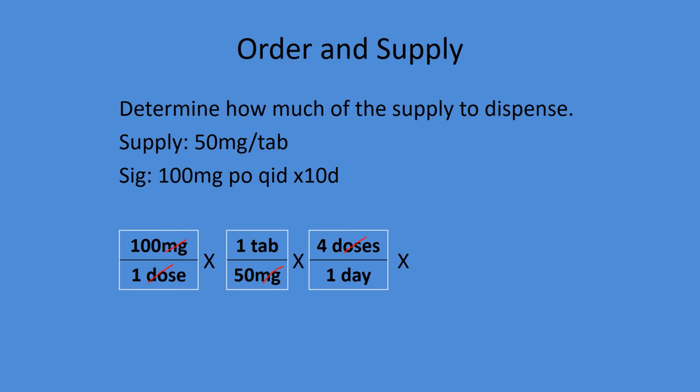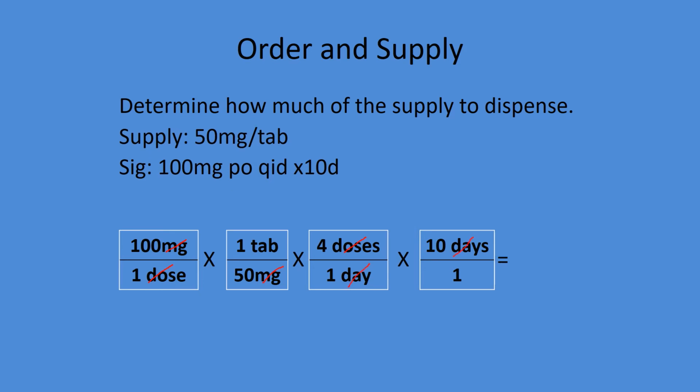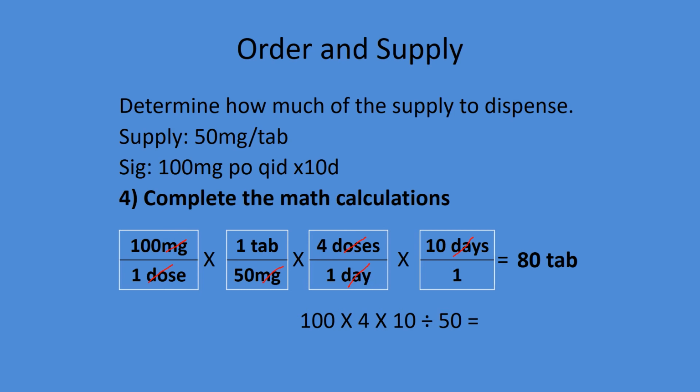And lastly, we're going to multiply by how many days. In this case, it's 10 days. Go ahead and crunch the numbers, and you will find that for a 10-day supply, 100 milligrams 4 times a day, that is going to be 80 tablets.